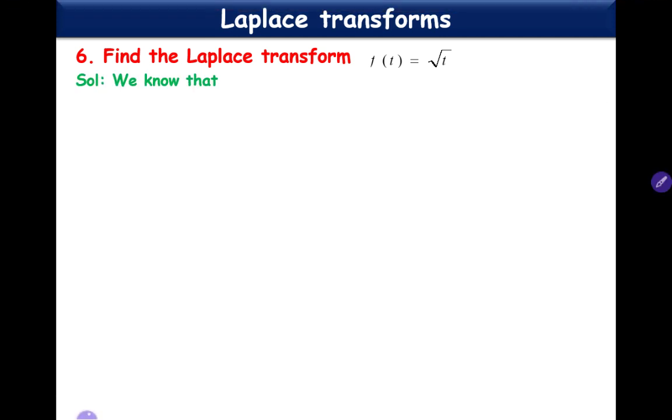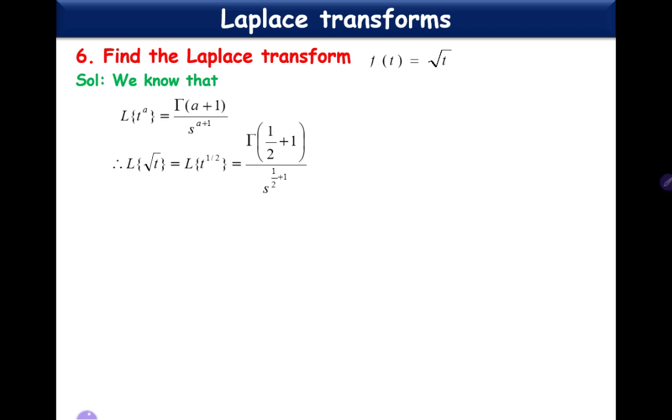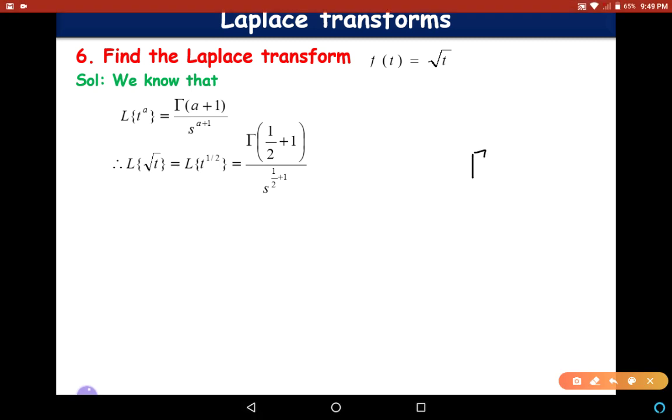So consider L of root t, that is L of t power 1 by 2. By the above formula it is gamma of (1 by 2 plus 1) by s power (1 by 2 plus 1). Gamma is the gamma function, and it has a very interesting property: gamma of n plus 1 is equal to n into gamma of n. We apply that formula here, where n is 1 by 2.